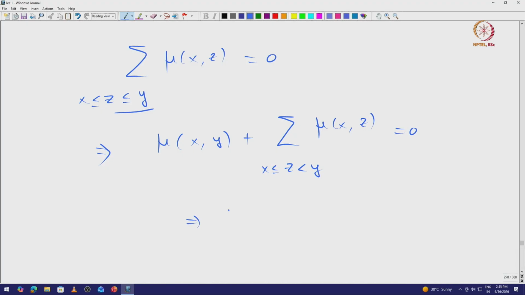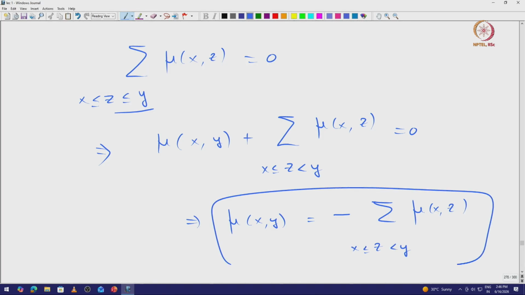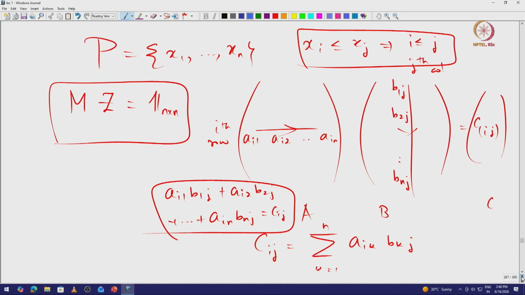And this is the equation that we have written in the proposition: mu of x y equal to minus the summation of mu of x z, x less than or equal to z less than y. So, this is the first part of the third equation.